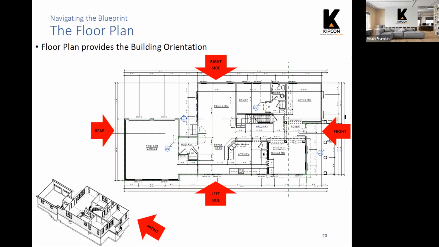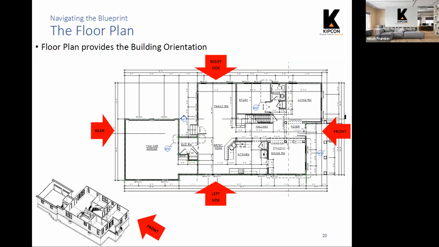The front of the building usually you can find by looking for an entrance, an entry, and in this case, the entry foyer gives you a clue that's the front of the building here. And obviously the other side is the rear of the building. But the orientation for buildings on plan views is usually to have the front of the building situated on the paper in a way that you're almost like walking into the building.